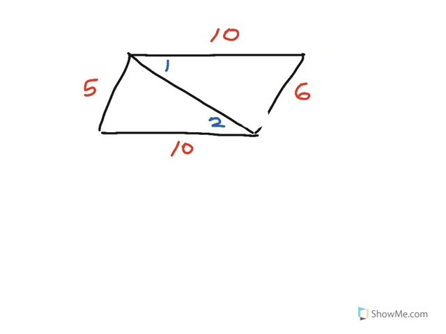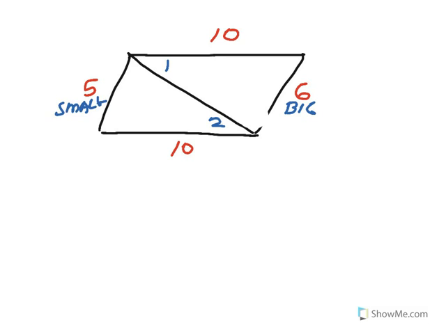Okay, in our next example, we're going to compare angle 1 to angle 2. This figure looks like a parallelogram, but it's not, because I see that I've got the side on the right, 6, is bigger than the side on the left, which is 5, so I'll be using that. Okay, so what do I know?